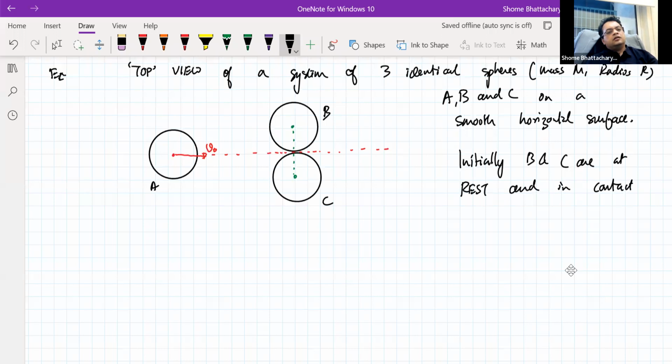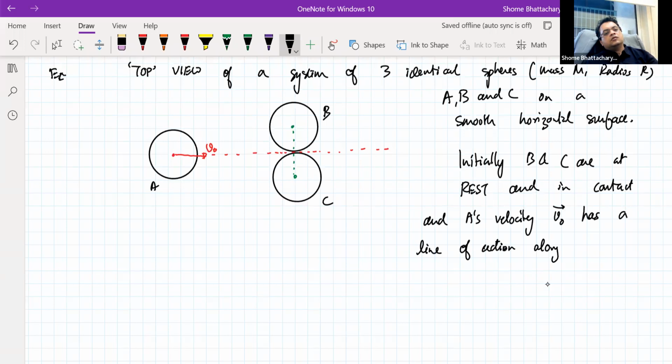And A's velocity has a line of action along the common tangent at the point of contact of B and C.